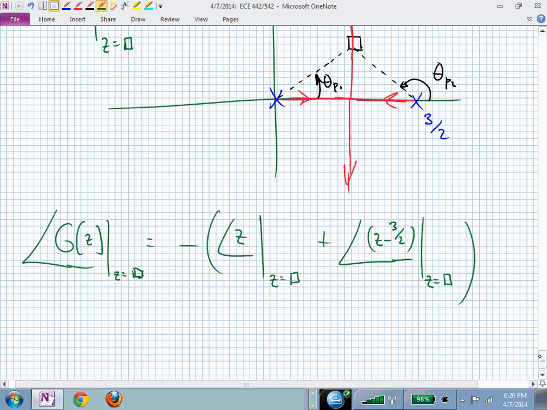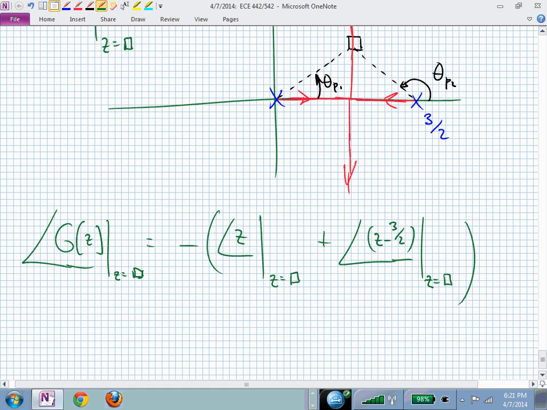By the way I've labeled this diagram, the angle of the pole at the origin is just theta sub p1, measured with respect to the positive real line. I'm going to subtract that.